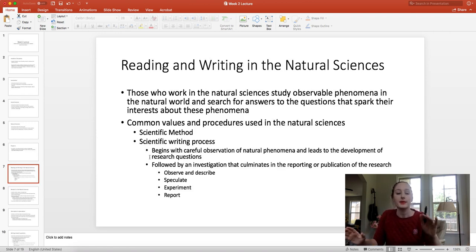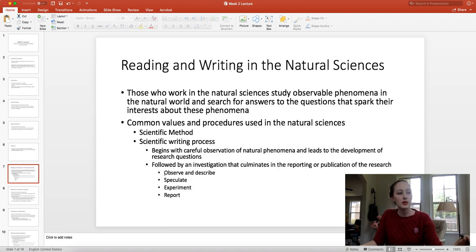Once there's been a research question after lots of observation, this will be followed by an investigation, doing an experiment, for example. And once this investigation is complete, scientists will report the publication of that research, report their findings.